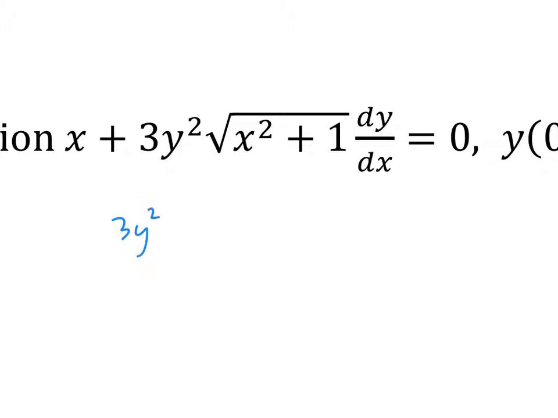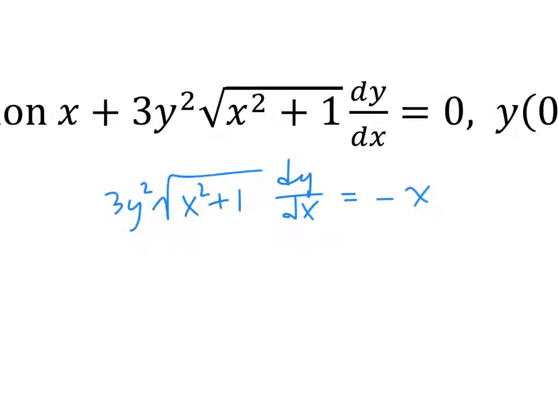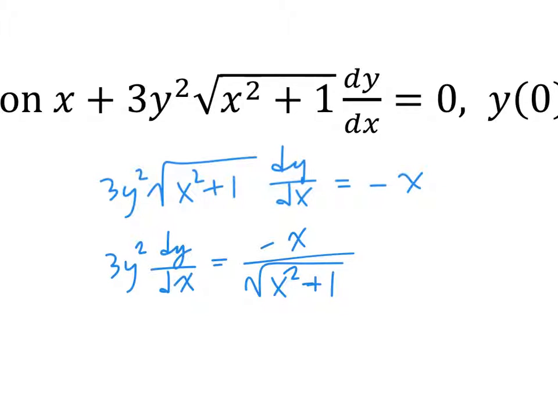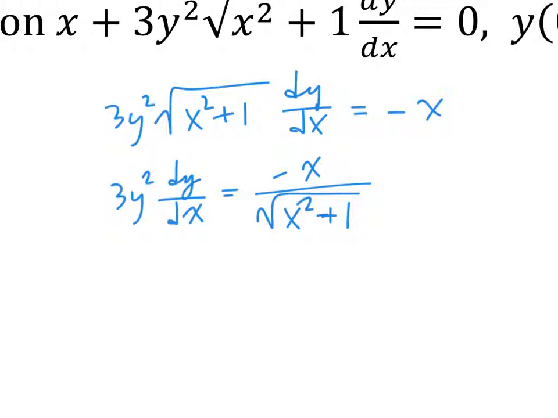So 3y squared square root of x squared plus 1 dy dx is equal to minus x. And since I want to put all the x's on one side, I'm going to divide everything by square root x squared plus 1. And then I'm going to multiply both sides by dx. That way, y's are on the left, and then x's are on the right.